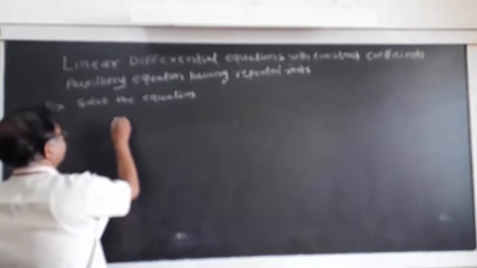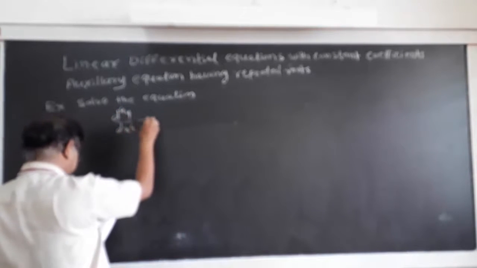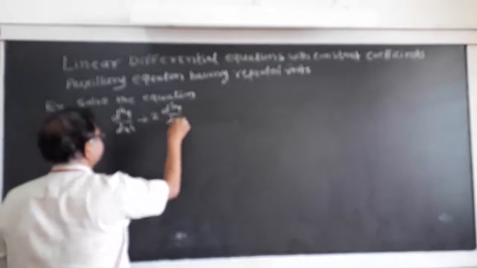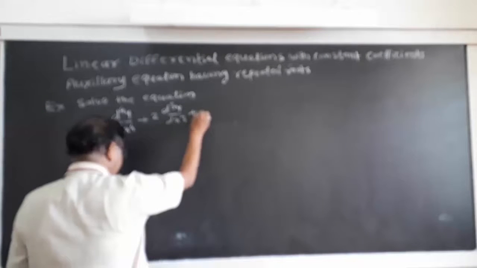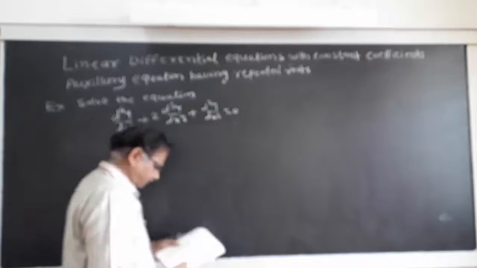Solve the equation d raised to 4 y by dx raised to 4 plus 2 d cube y by dx cube plus d square y by dx square equal to 0.